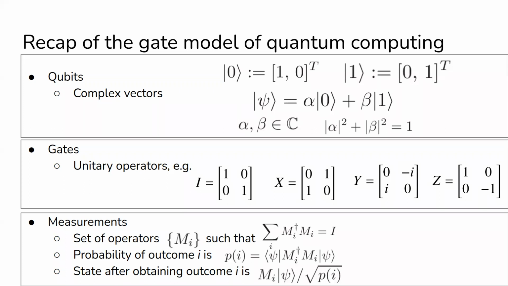And importantly, the thing to remember for error correction is the final state after obtaining an outcome will be the projection onto one of them that occurs with this probability p_i. So that's going to be a very important fact for error correction. Any questions about the recap? This should all be with you.